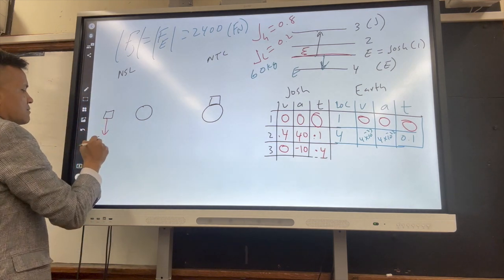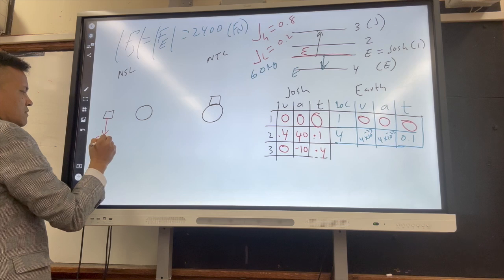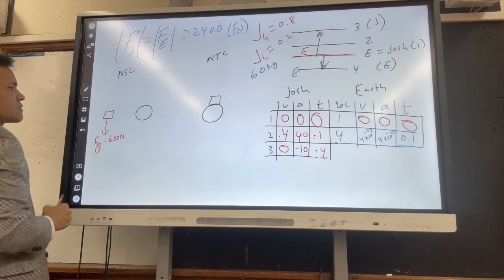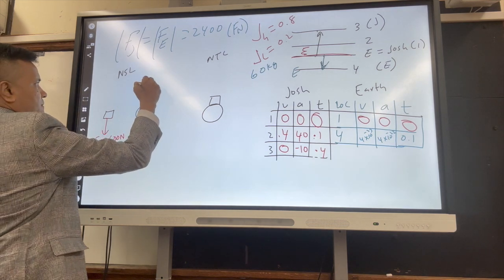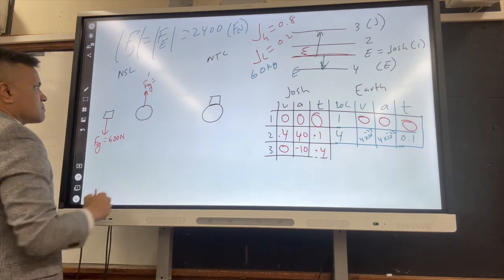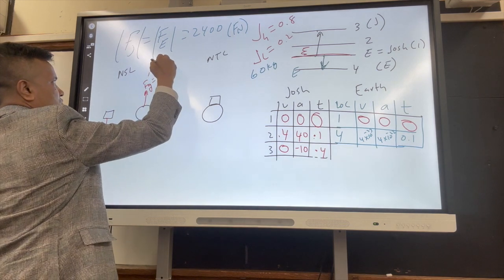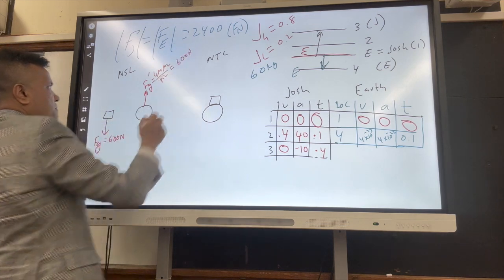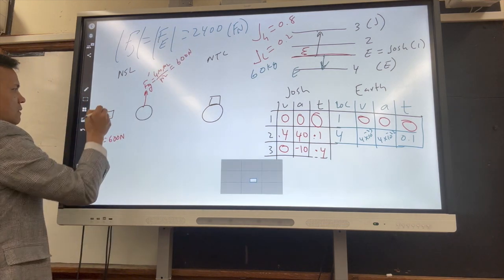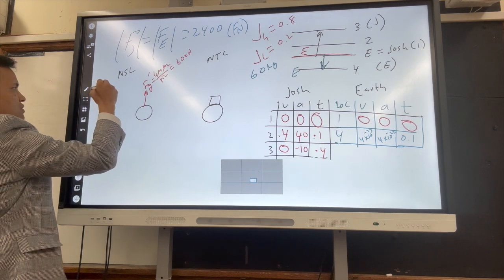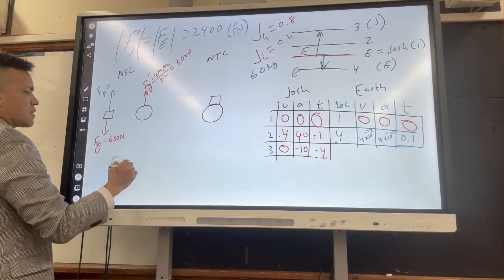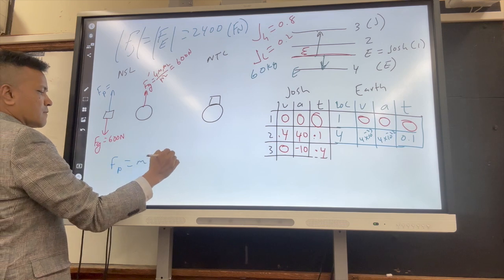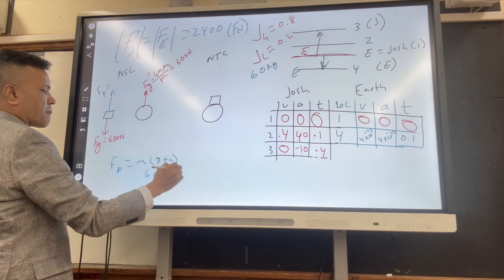This is mg, so 60 times 10, 600 Newtons. This is Fg prime, which is G m1 m2 over r squared. If you do that, it's going to give you 600 Newtons. This is F push, equal to m times g plus a, so 60 times 50 is 3000.